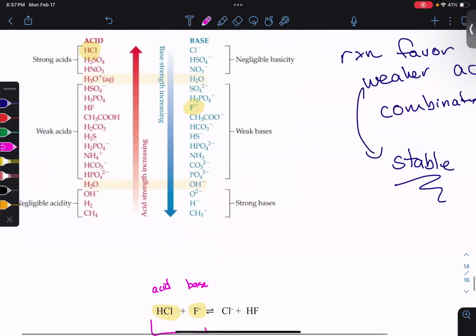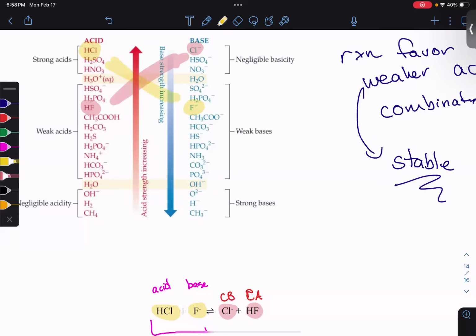Then notice we have our conjugates on the other side. Cl-, that is our conjugate base, and HF, that is our conjugate acid. So we're going to highlight these ones too. Where are those on the chart? They're just going to be opposite of their partners. So you look at the two sets. Here are our products, here are our reactants.